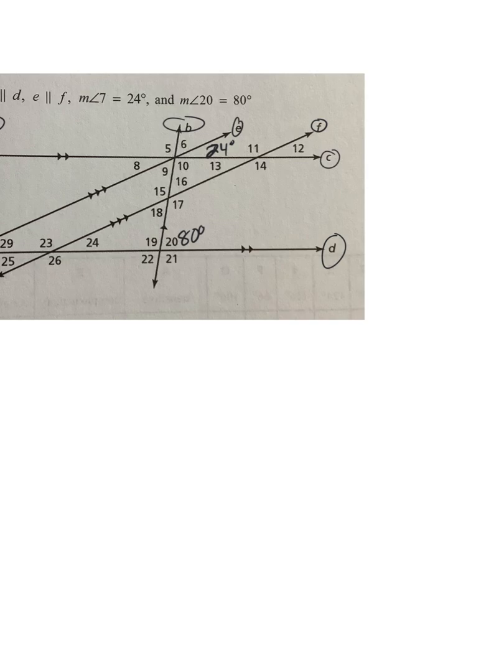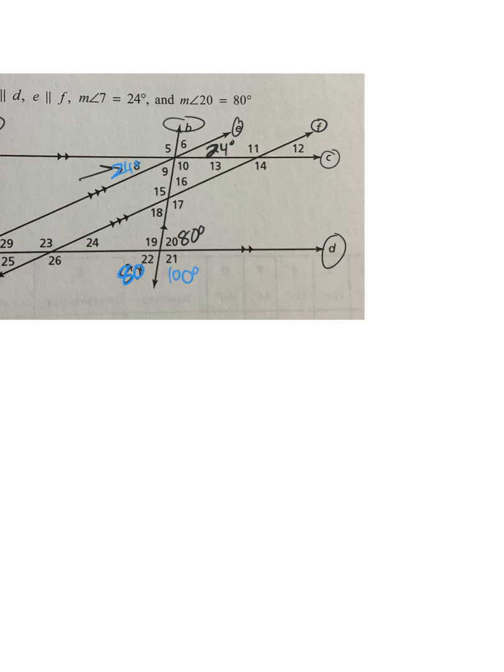Angle 8 is 24 degrees. It's a vertical angle. Vertical angles. Angle 8 here is 24 degrees. Vertical angles. Okay. What else? 22 is 80 degrees. Okay. Let me use a different color here. And this is 24. That's hard to see. All right, so the measure of angle 22 is 80. Vertical angles as well. What else do we know? 21 is 100 degrees.